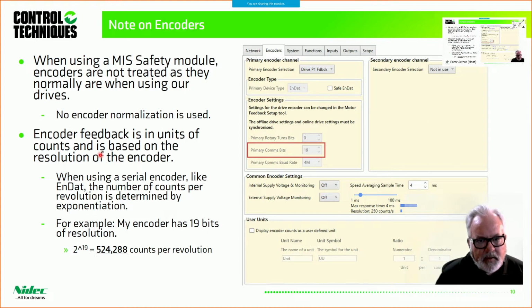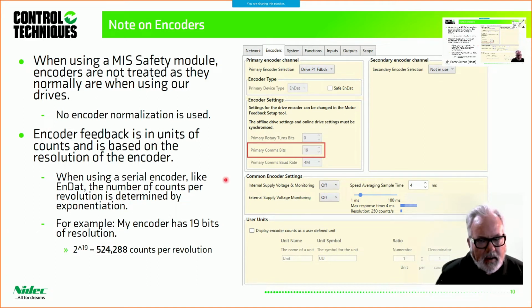Encoder feedback is in units of counts. Now, as you can see here, I can create user units from those counts, but it is not relative to the normalized encoder position that we normally look at.